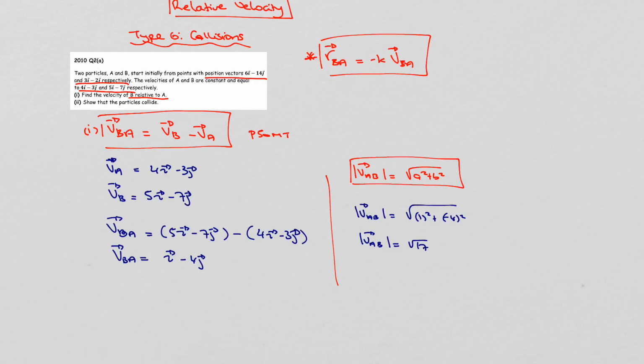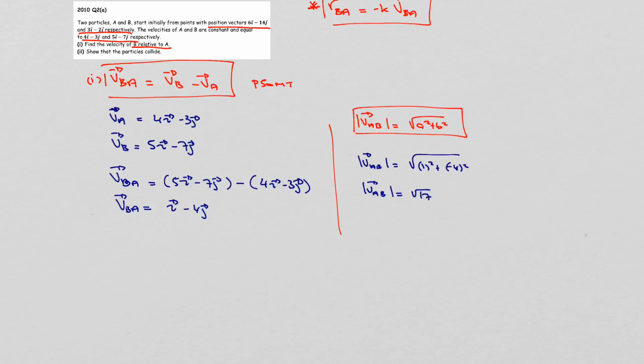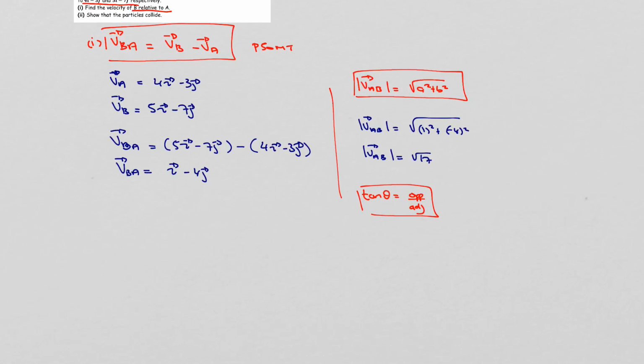And then our magnitude will be important because obviously if we're looking at are they going to collide or not, then we need to know the direction of the relative path. Are they on a collision course or not, based on where one is with respect to the other.